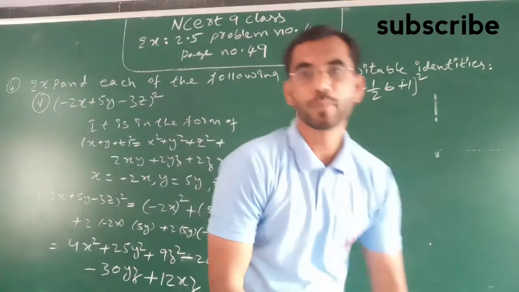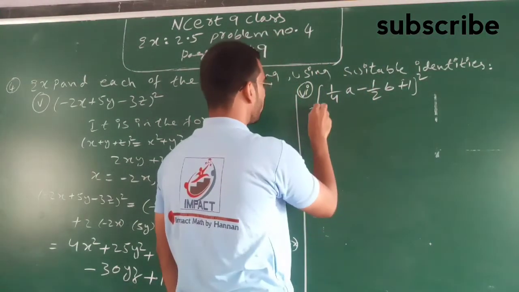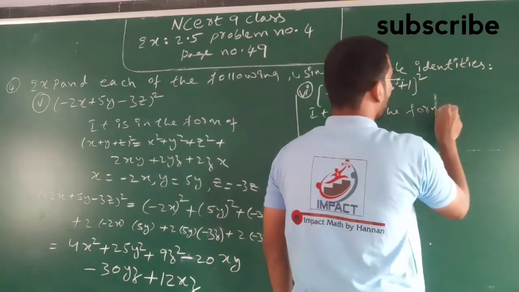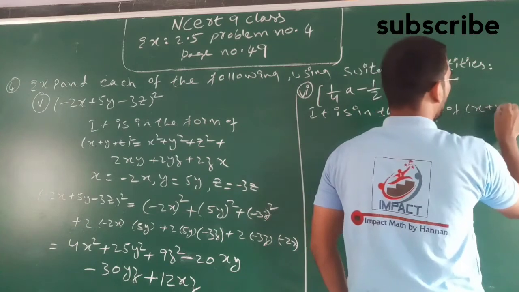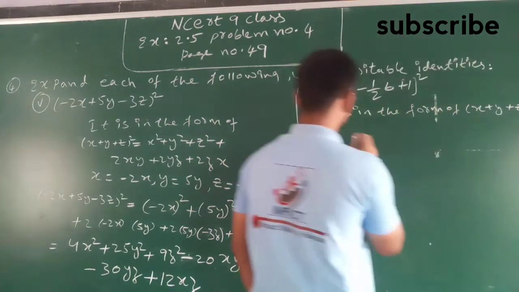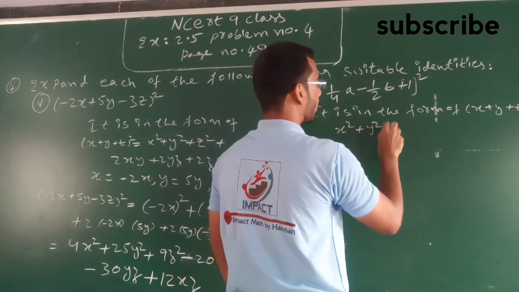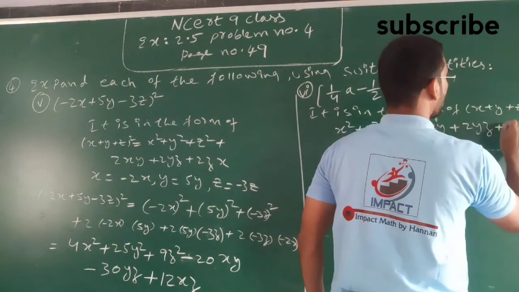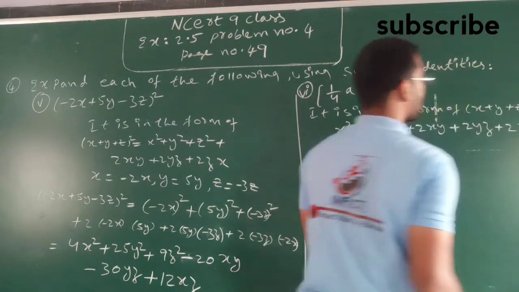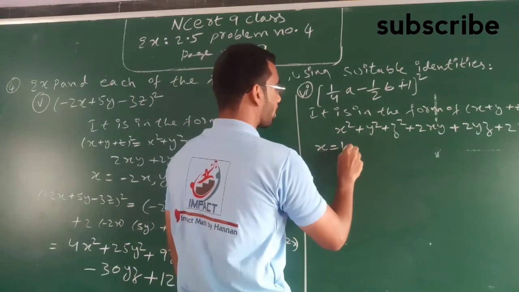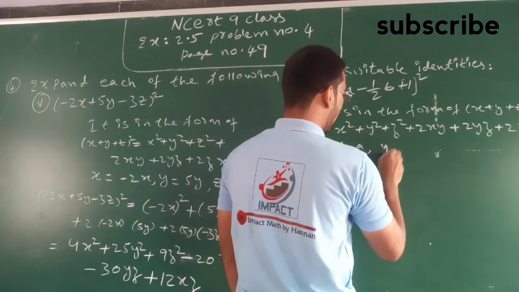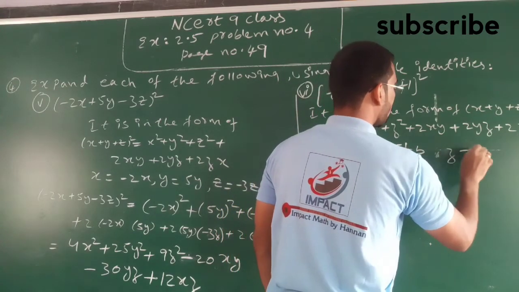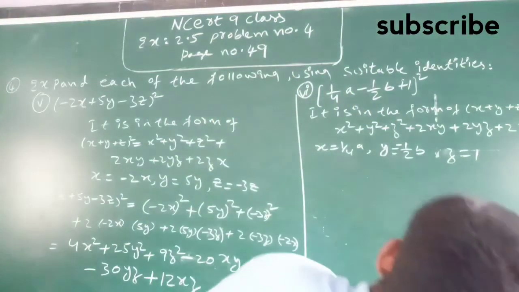Now it is also in the form of x plus y plus z whole square is equal to x square plus y square plus z square plus 2xy plus 2yz plus 2zx. Now x is equal to 1 by 4 a, y is equal to minus 1 by 2 b, and z is equal to 1. Now we will substitute in the formula.